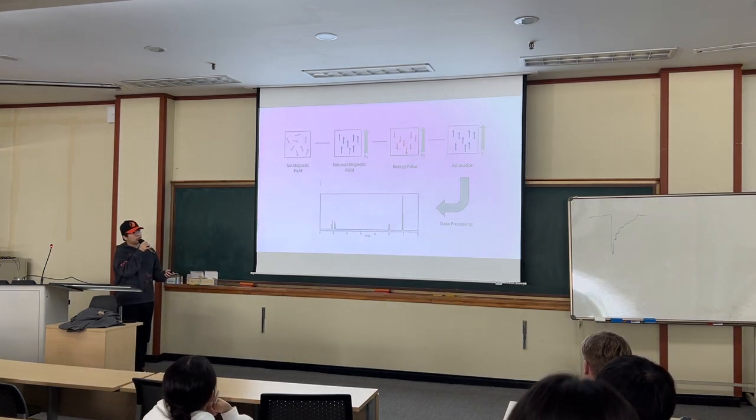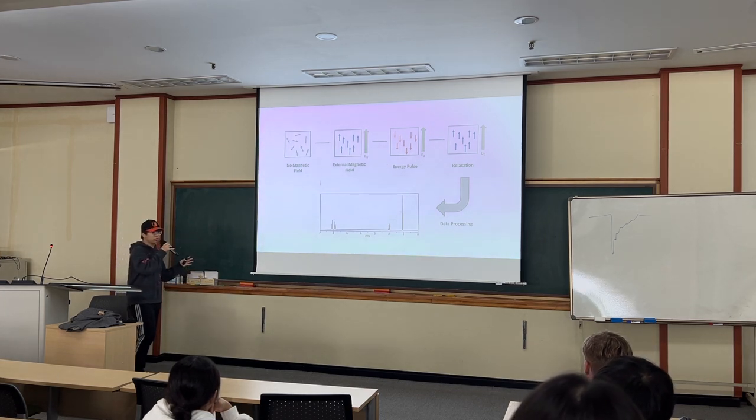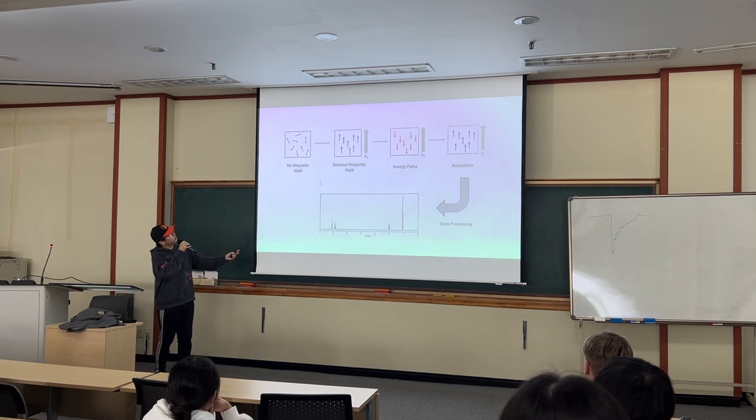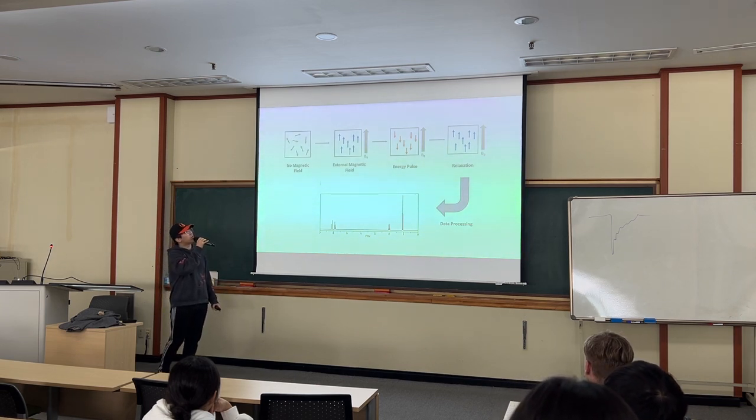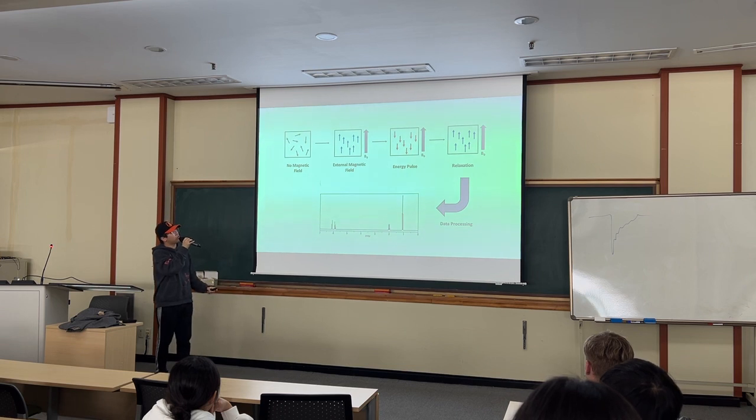So this is a very simple picture of the process of NMR measurement. There's no magnetic field, and second, we apply a magnetic field, and the nuclei arrange in the same direction or opposite direction.